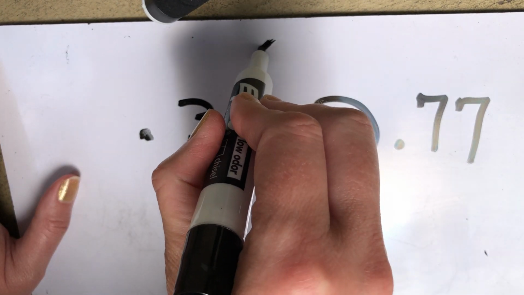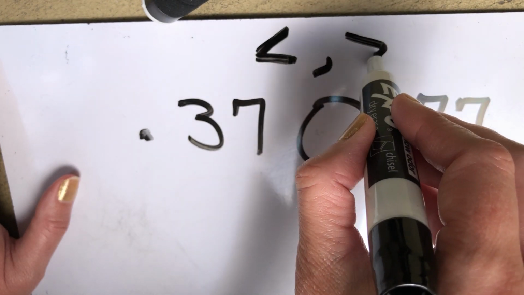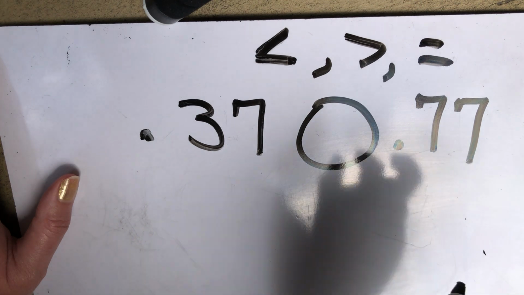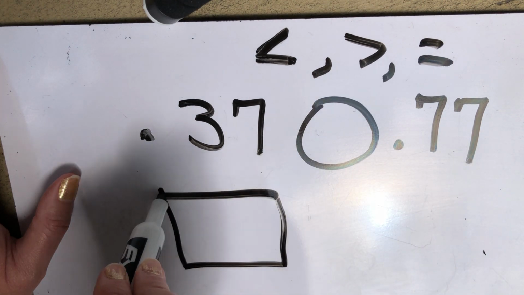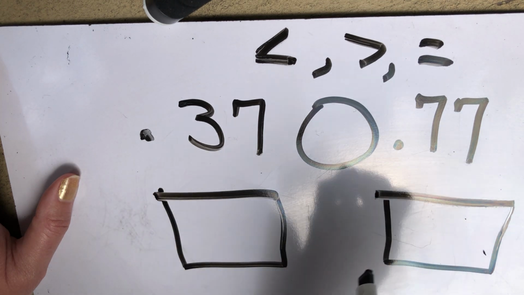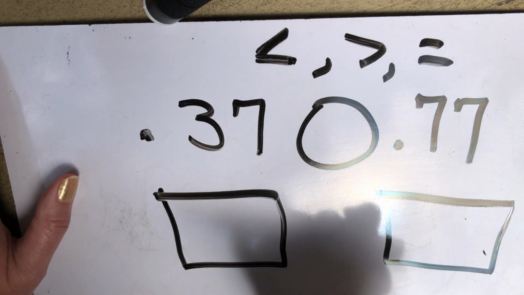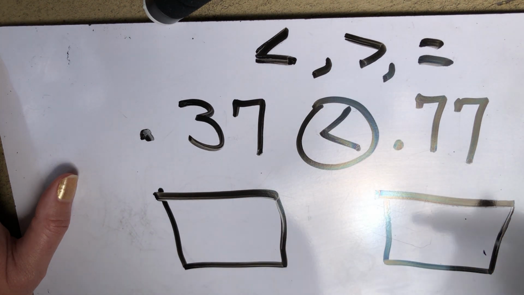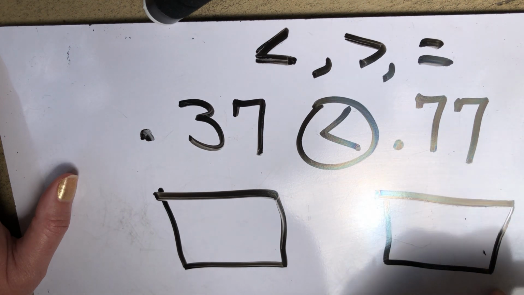Okay, so we're going to compare with less than, greater than, or equal to. You can think of this like money, or you can think of it like your flats. 37 out of 100 or 77 out of 100, what would be a larger amount? You're right, it would be 77/100ths because that's a bigger piece out of the 100.